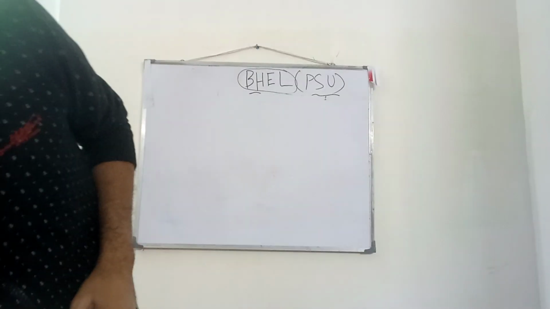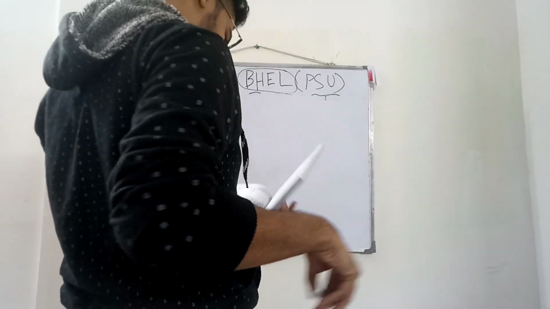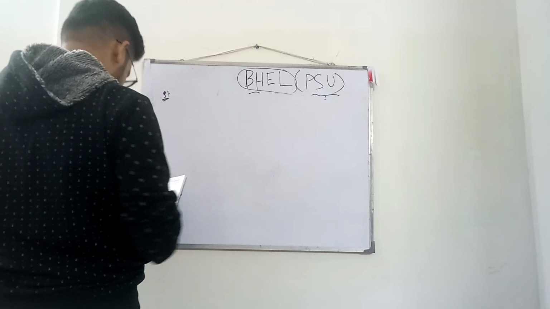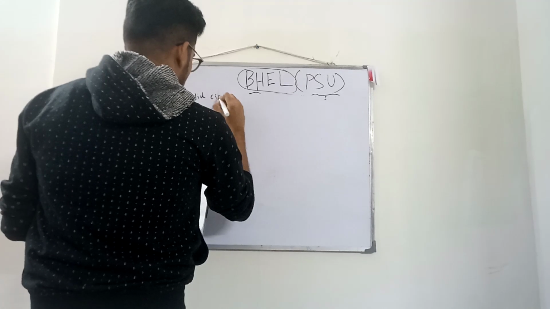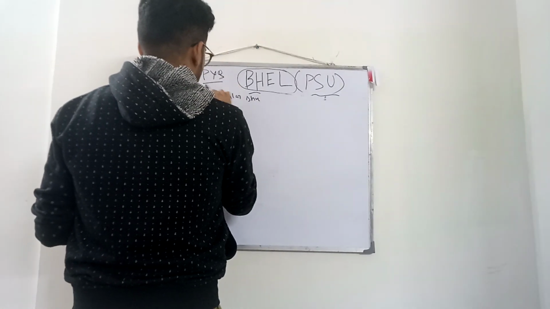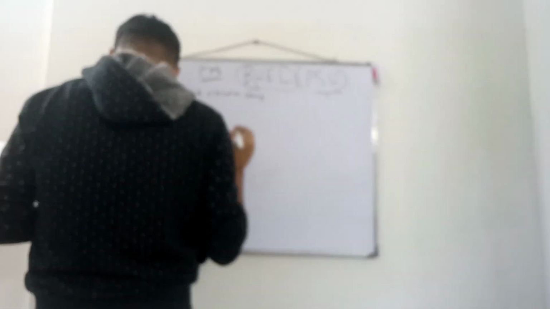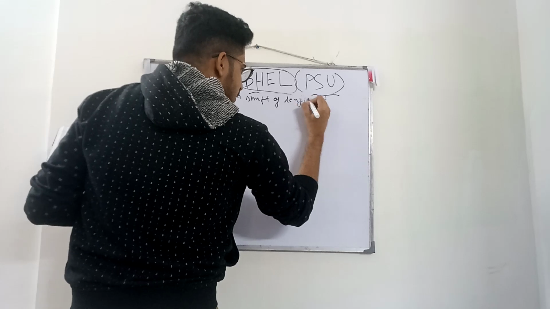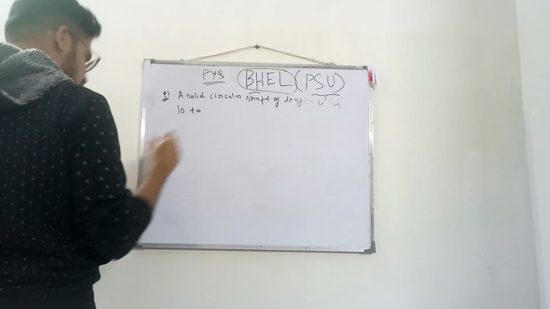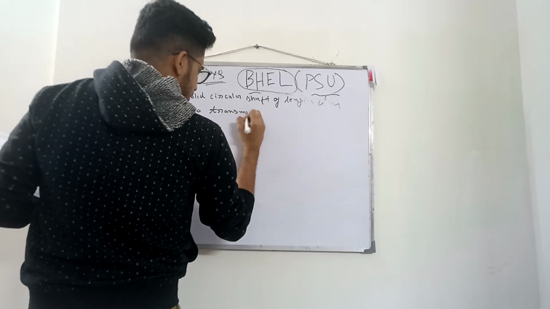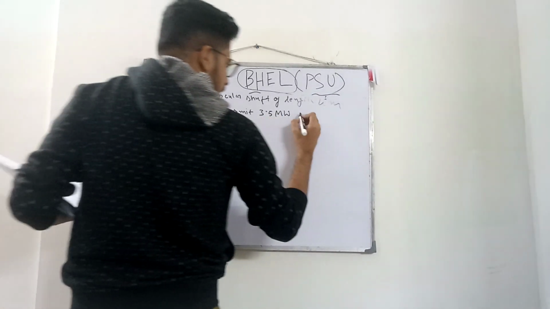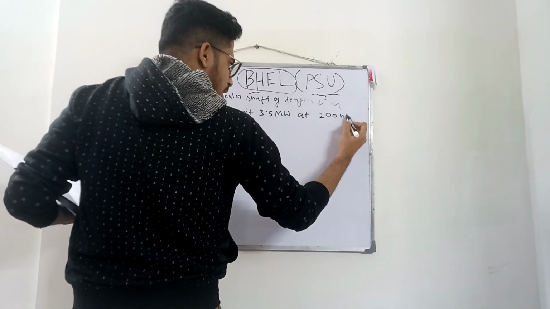Okay, so let's go to the next question. The next question is: a solid circular shaft of length 4 meter is to transmit 3.5 megawatt at 200 rpm.